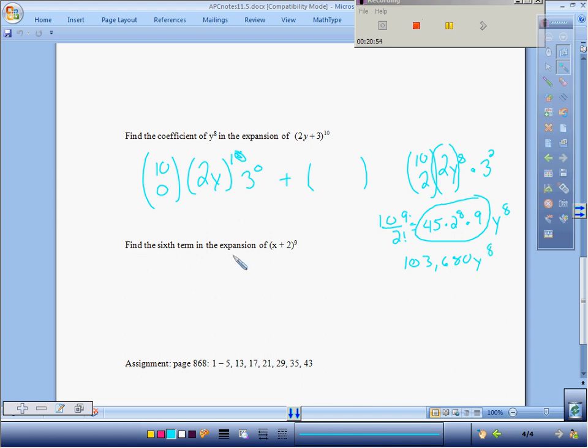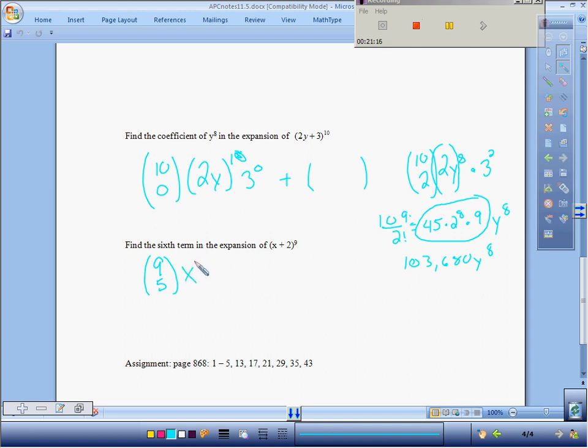Okay? And then find the sixth term. Could you do that? So that one would look like 9, since the first term has a 0 down here. The sixth term would have a what down here? 5, right? And so that'd be 9 combination 5.